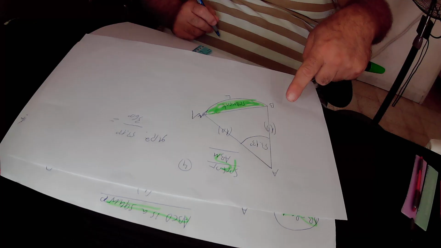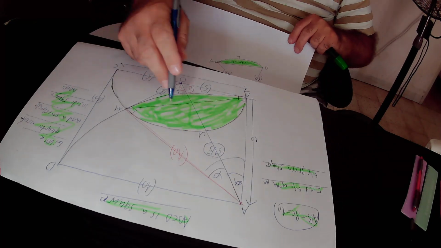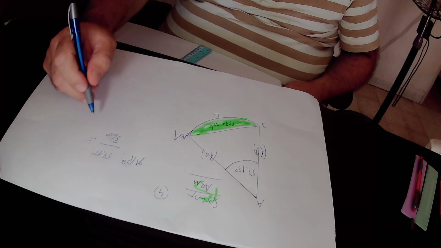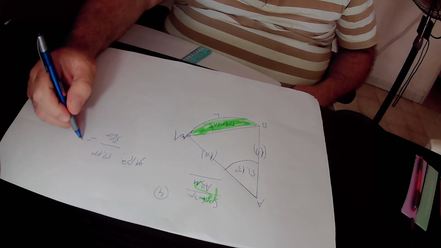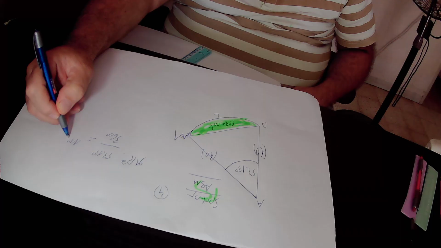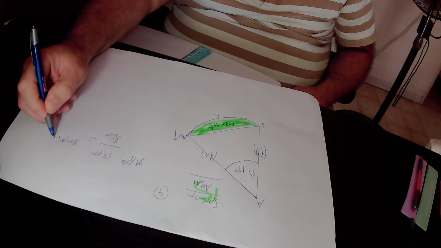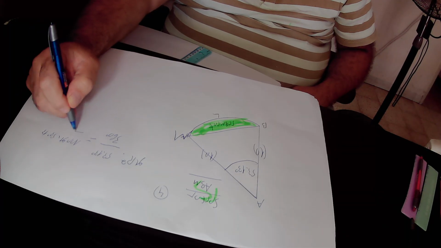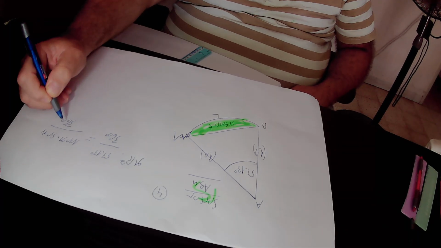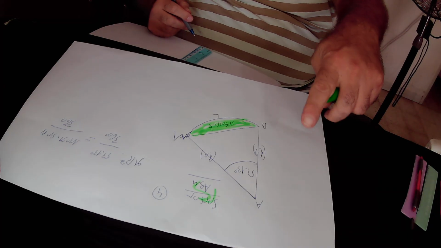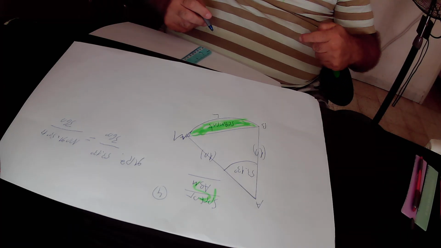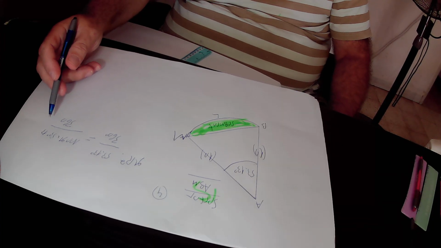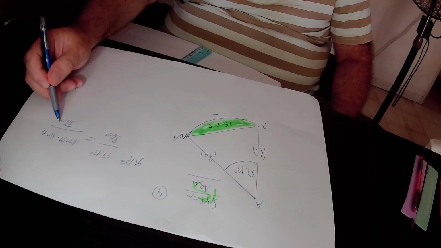Again, r is 10, therefore r squared is 10 squared, that is 100, and therefore pi r squared is 100 pi times 53.13 over 360 degrees. So the area of this sector ABM equals 100 pi times 53.13 degrees over 360 degrees.